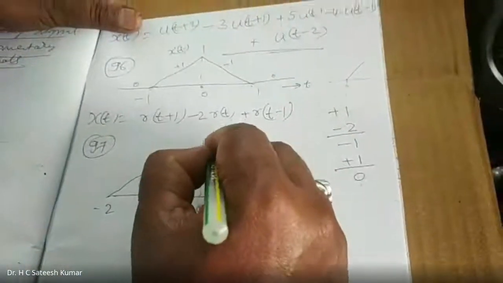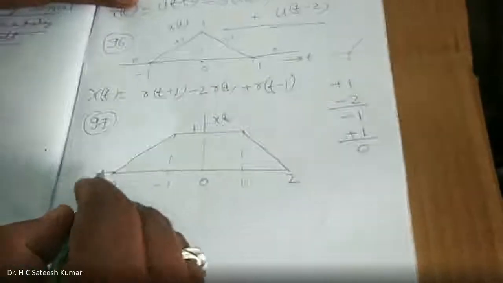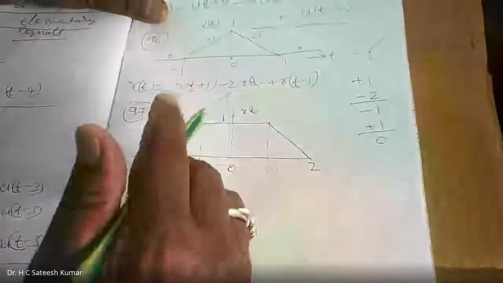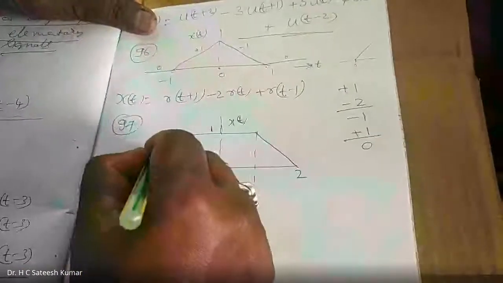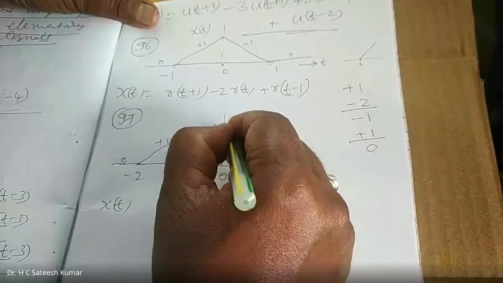So this is your x of t. Amplitude is 1. So now you represent using elementary signals. So there is a ramp signal. Slope is 1, 1 divided by 1. Increasing is plus slope. So this is 0, plus 1. The amplitude is 1. Slope is 0.